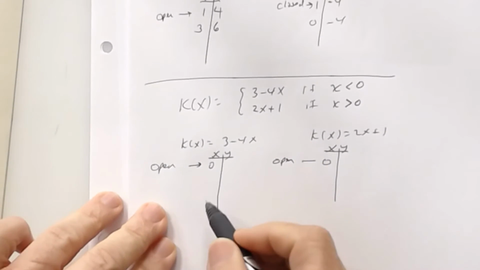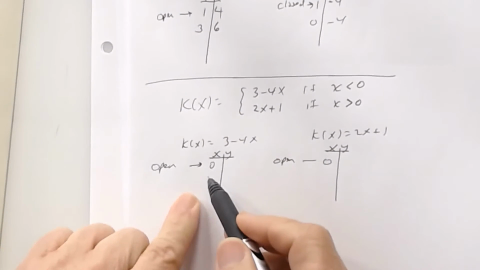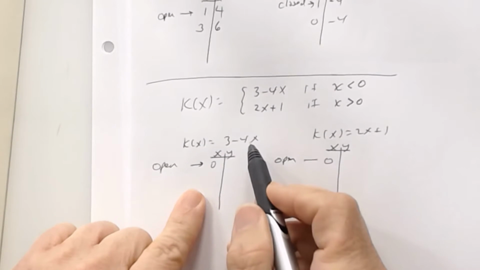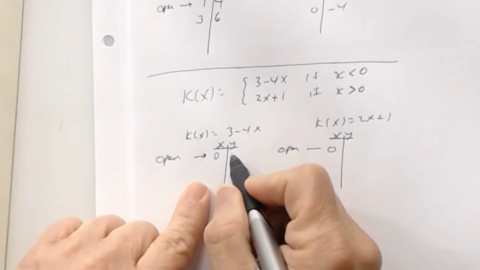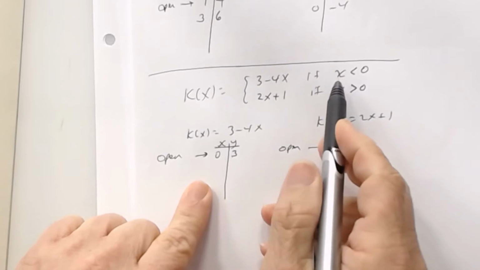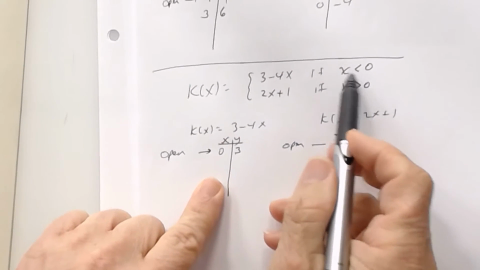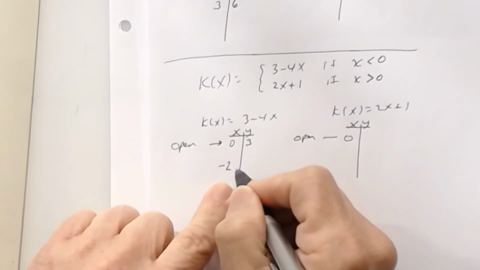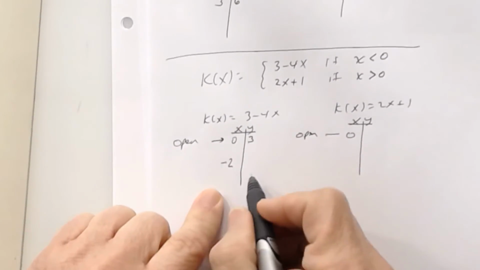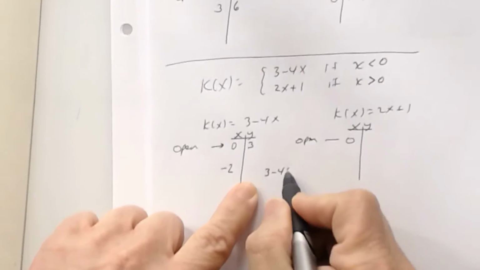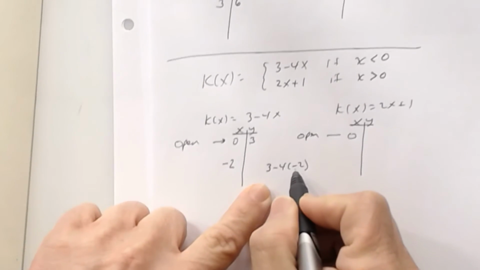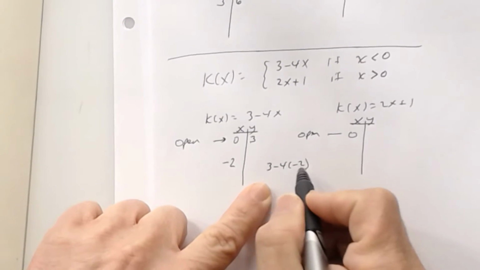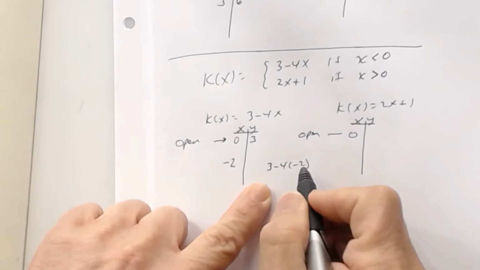All right, let's do the first one, the one on the left. If x is 0, what's 3 minus 4x? 3. Now give me one more x value that's in the domain, something less than 0. Negative 2, okay. If x is negative 2, I get 3 minus 4 times negative 2, right? I'm writing it out. What's negative 4 times a negative 2?